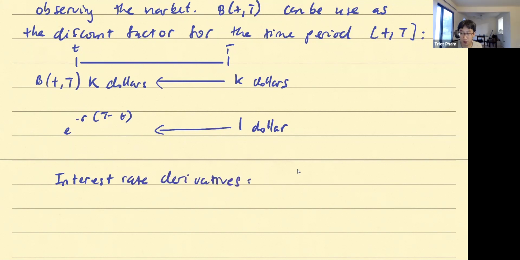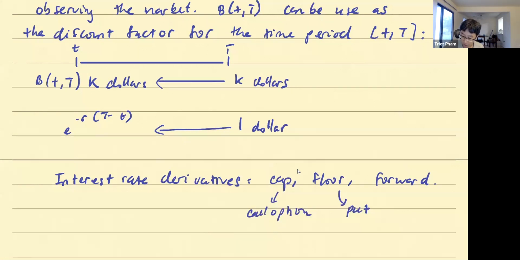It comes in three flavors: the cap, the floor, and the forward. You may see that actually these are the exact analog of the option on the stock. The cap is like the call option. The floor is like the put option, and forward is exactly like forward contract.